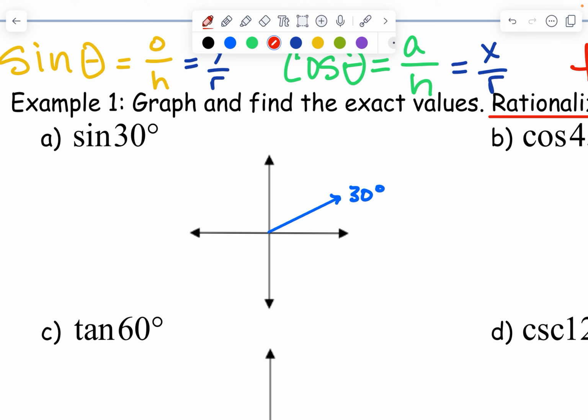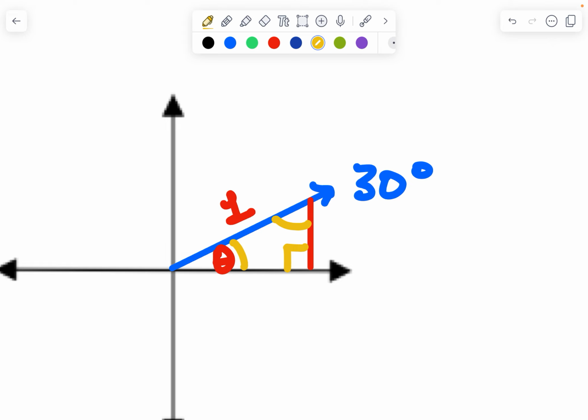And if I put my theta right there, and I drop the line straight down here with a radius of 1, I can recognize that this is a 30, 60, 90 triangle. When I have a 30, 60, 90, my r is 1.